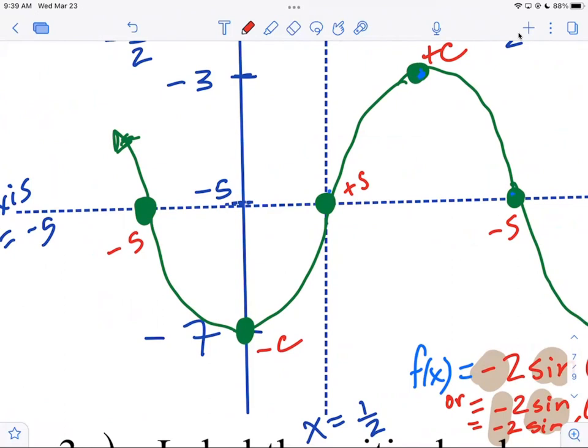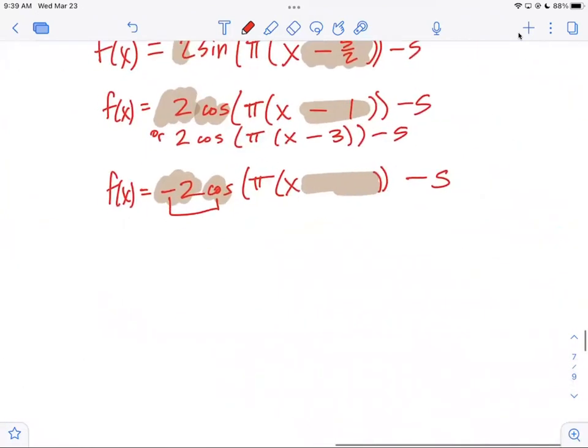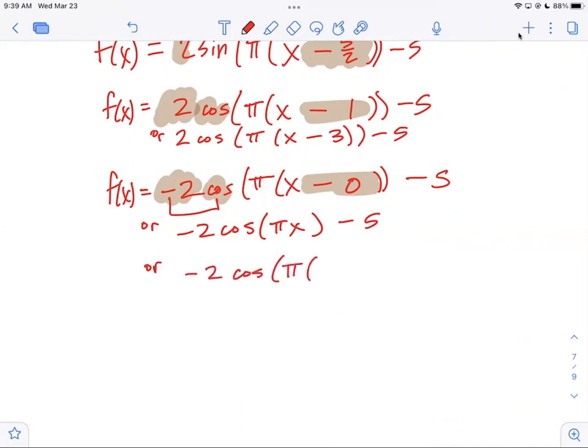No, that's at 0, right? So I don't even have to have a shift. You could say x minus 0, or you could just say negative cosine of pi x, right? Oh, that's the nicest equation out there, isn't it? Because you don't have to have a shift. But you could have negative cosine of pi x plus or minus something, minus 5.